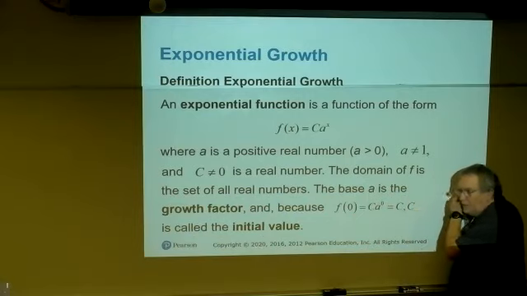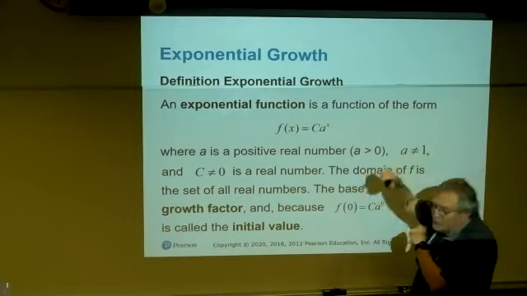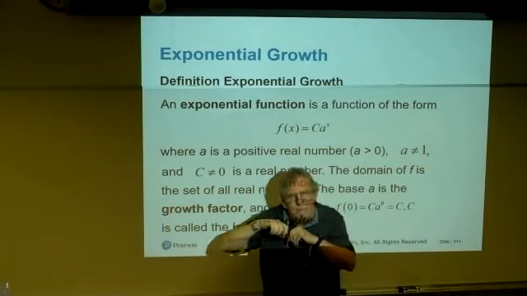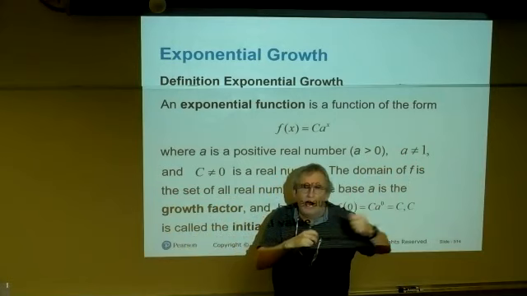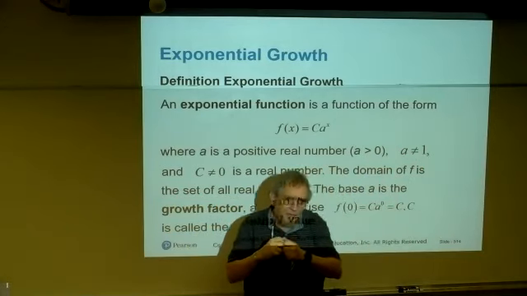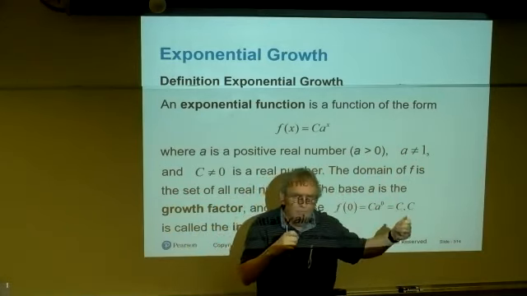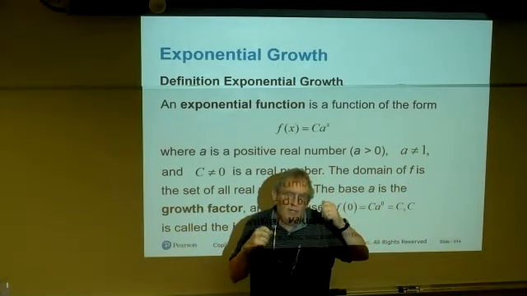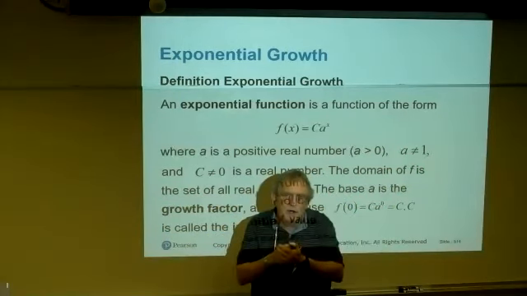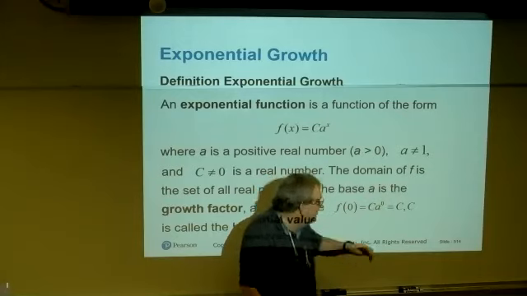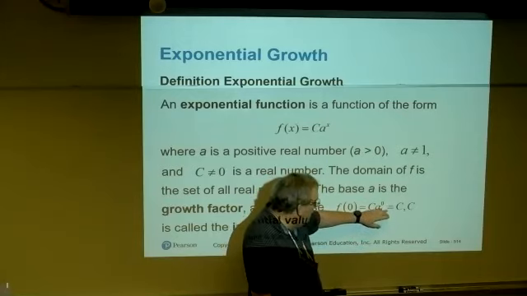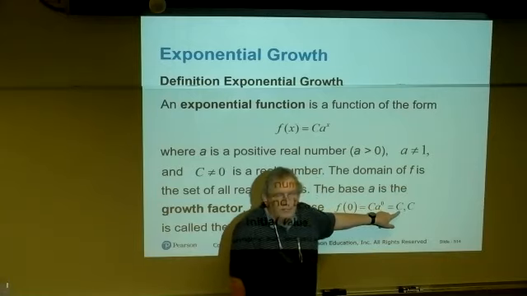X equal to 0 for exponential growth. Exponential growth talks about over time, where your x values are time. So when we talk about time, we start at time 0 and grow from there. So that's why at 0, you have c as being the initial value.